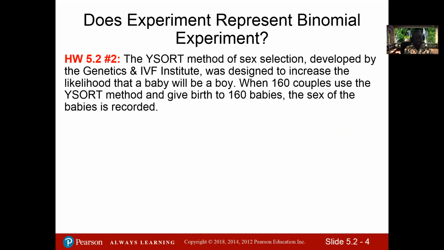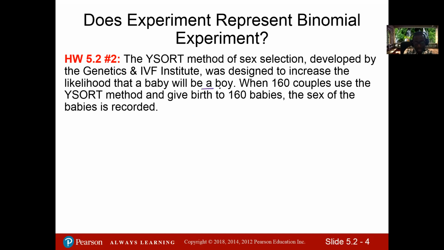Now it says that the experiment represents a binomial experiment or binomial distribution. The Y-sort method of sex selection developed by the Genetics and IVF Institute was designed to increase the likelihood that a baby will be a boy.